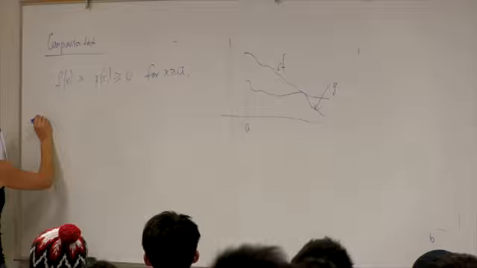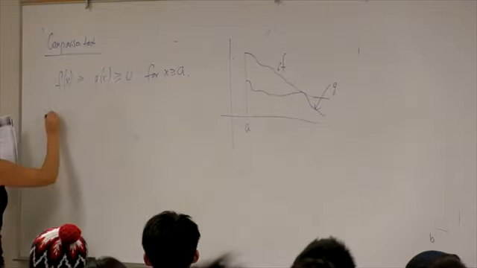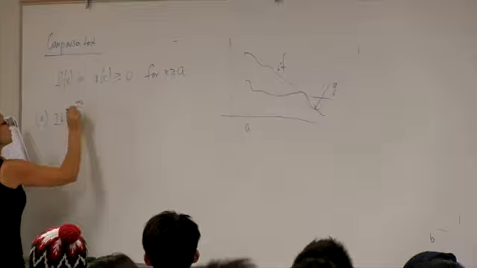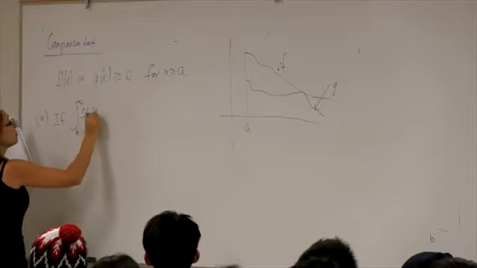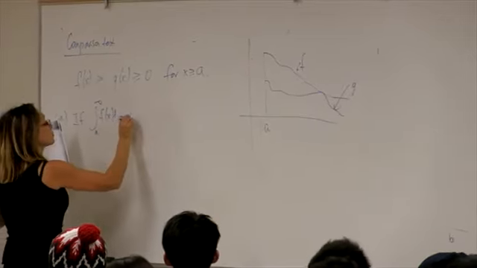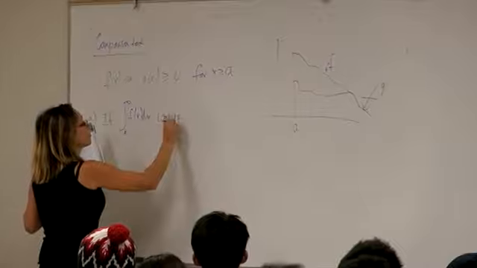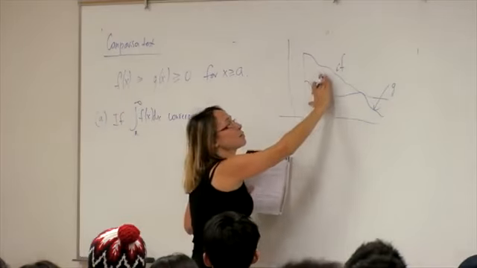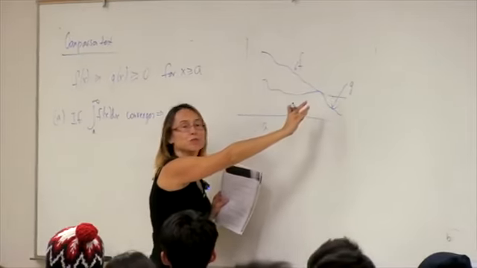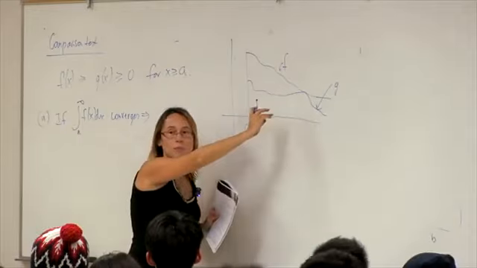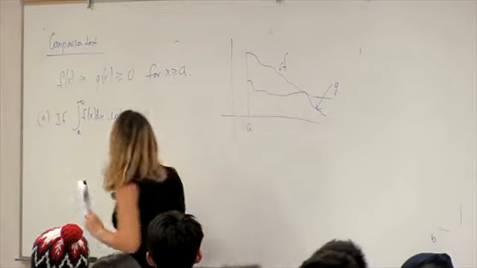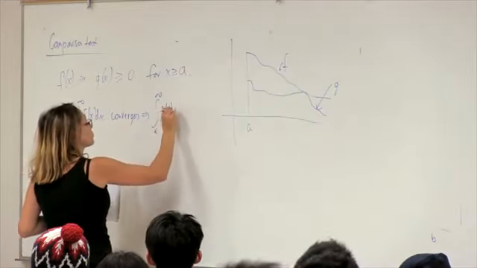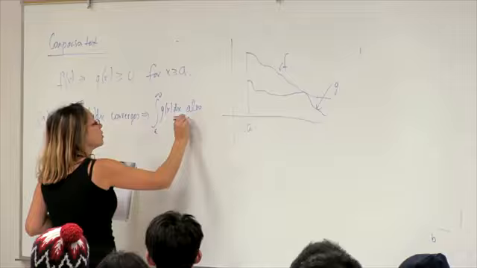Now there are two parts of this theorem. If the improper integral of f converges, so if the bigger area exists then for sure the smaller one bounded by the function g will exist too. Then the area under g also converges.